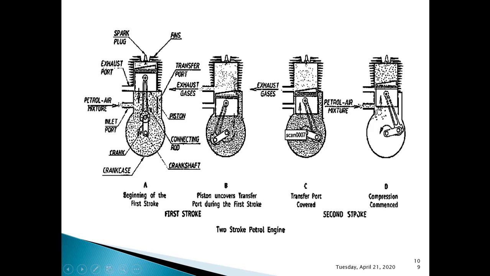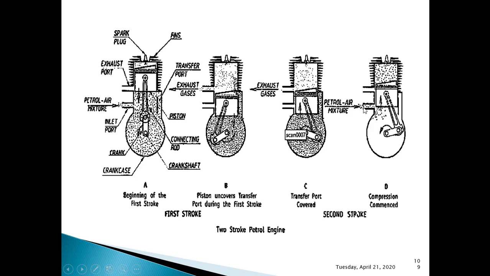As soon as the inlet port is uncovered, it creates some partial vacuum, where the pressure in the crankcase falls below atmospheric pressure. Due to that, the air fuel mixture from the carburetor will enter this crankcase through this inlet port, and this will be continued.